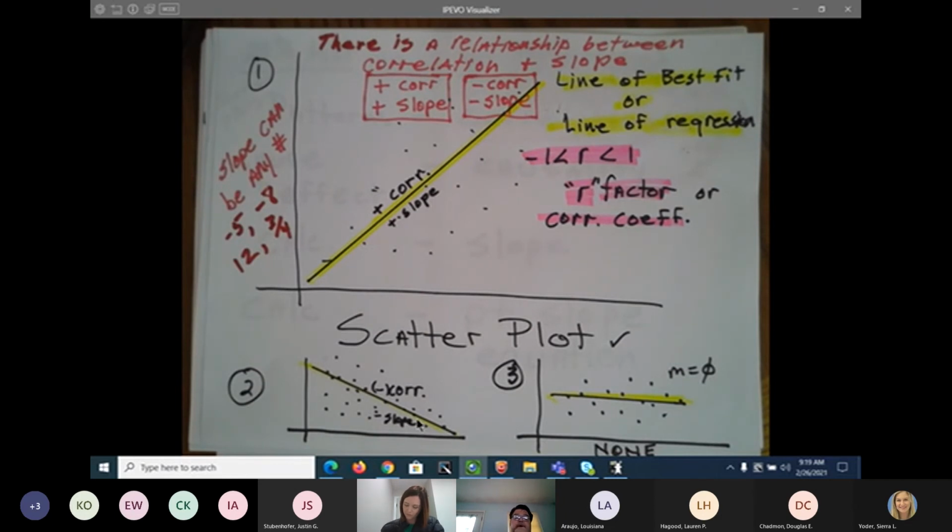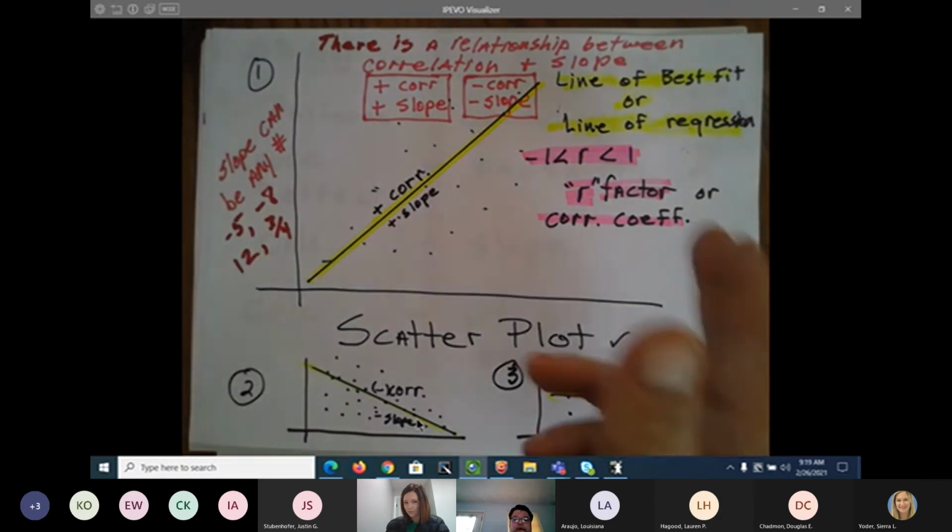All right, you got 1 graph, and the dots, make sure you draw the dots because that's what a scatter plot looks like. It's just a bunch of dots. And you'll see that in just a minute when we actually go into the slides. And here's where I wrote slope can be any number.